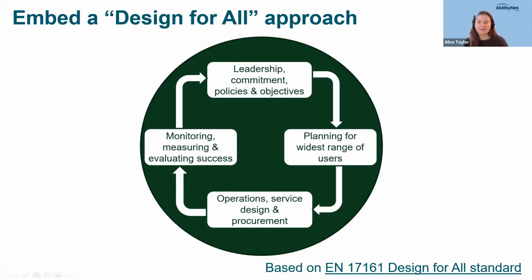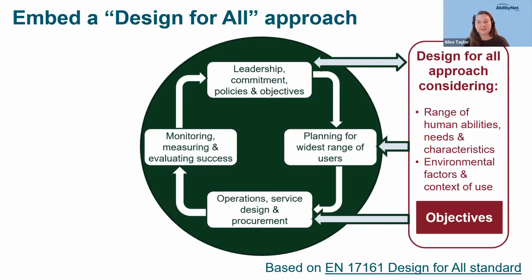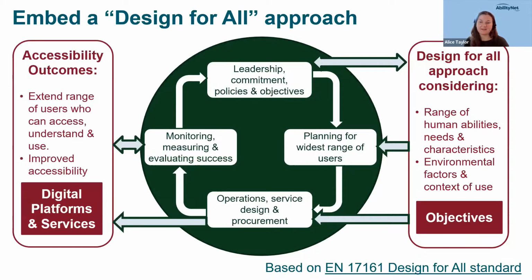And then the next step is planning for a wide range of users, planning for things like environmental factors and characteristics, planning them into your operations and your procurement process. And then looking at monitoring, measuring and evaluating the success, and then feeding this back into your policy and objectives.